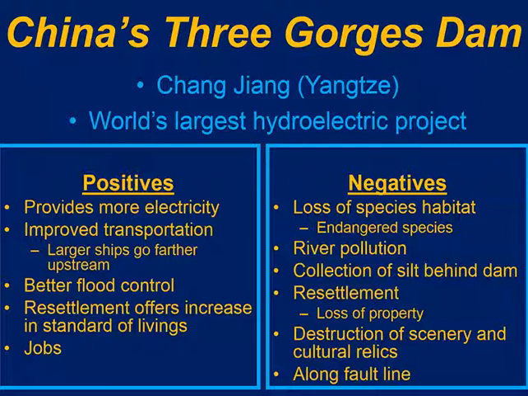However, some key negatives. Like we just mentioned, there was some loss of species habitat, so we have some endangered species that have popped up because of this. Further, the river pollution that has collected behind that dam, along with silt, has made having to remove that silt quite burdensome.